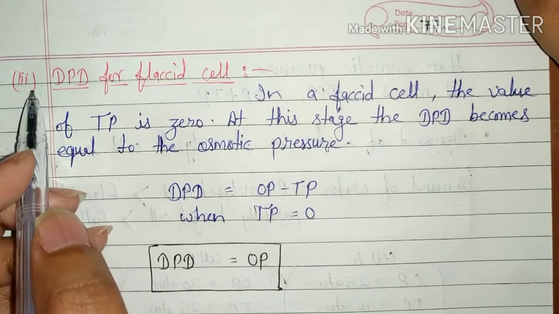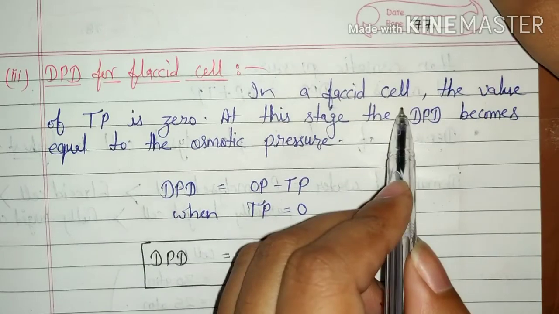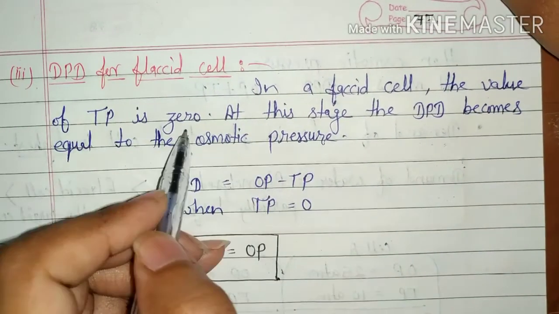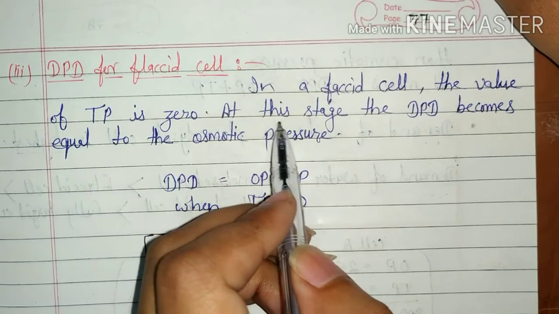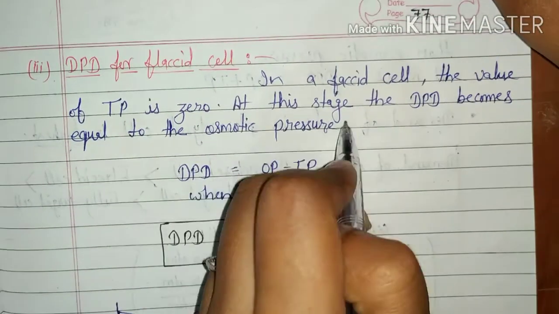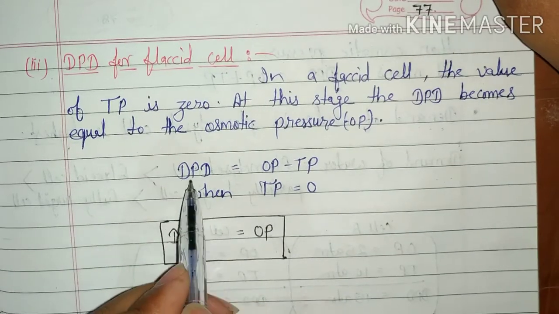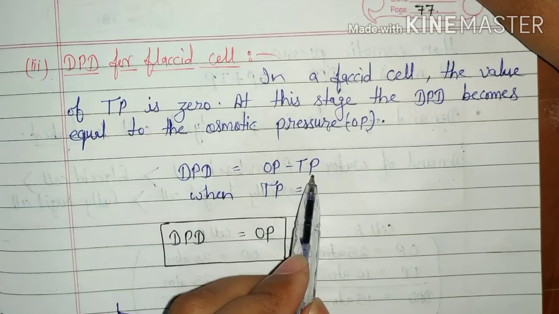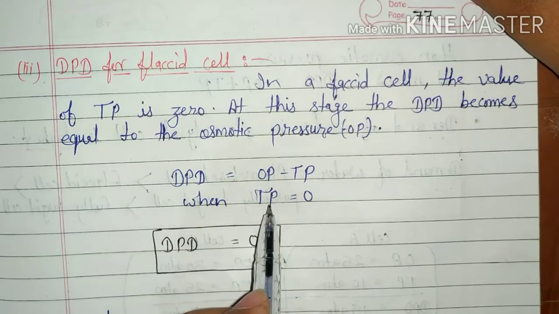Next condition, DPD in a flaccid cell. As we know, in a flaccid cell, the value of turgor pressure is 0. So, at this stage, the DPD becomes equal to the osmotic pressure. The formula of DPD is OP minus TP. If turgor pressure is 0, then DPD is equal to OP.